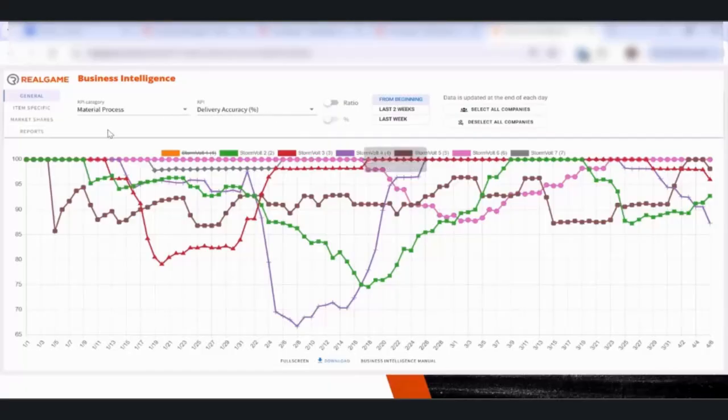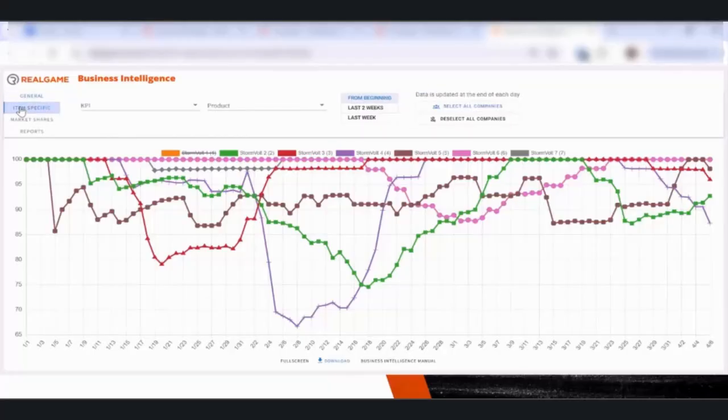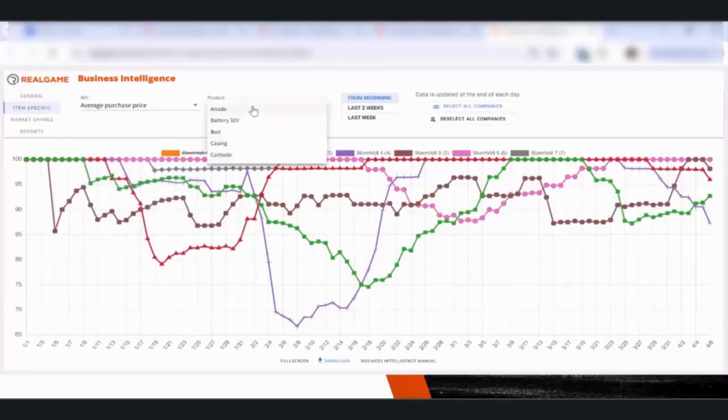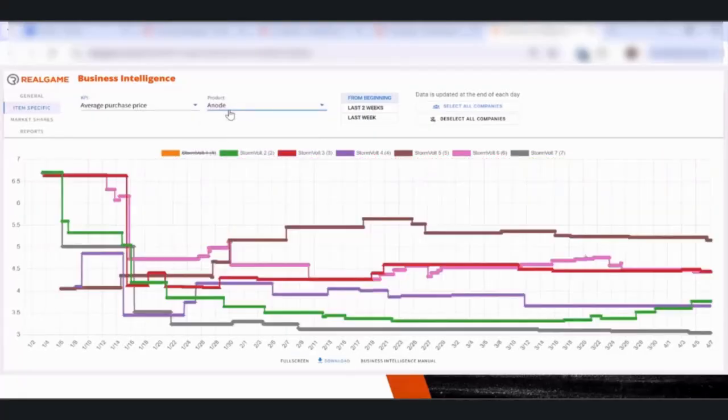Then let's move to more detailed or item-specific KPIs, which relate directly to how efficient they have been in purchasing. So we could have a look at the average purchase prices of the different components. For example, the anode, which we were illustrating in the demonstration. So these are the average purchase prices of anodes in these 7 companies.